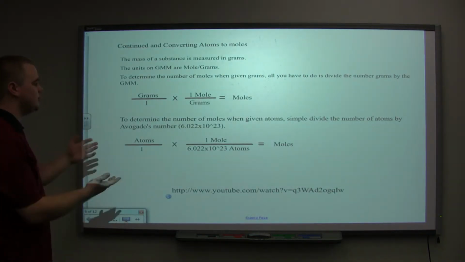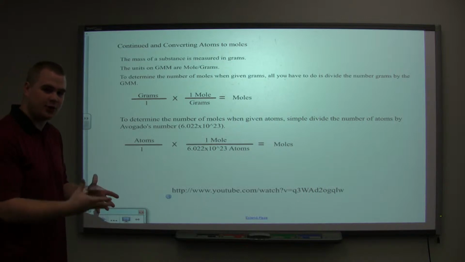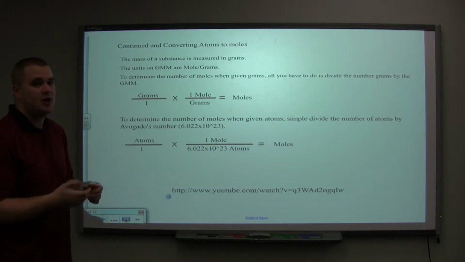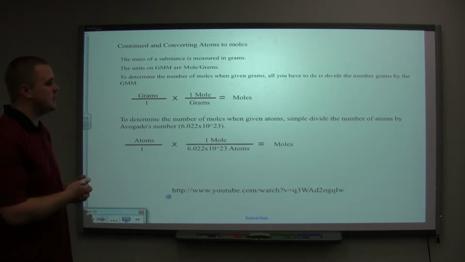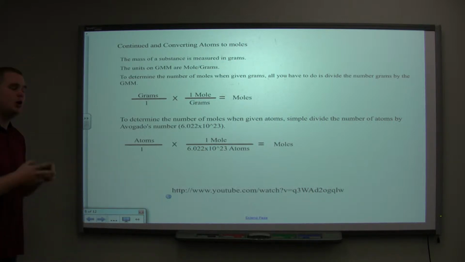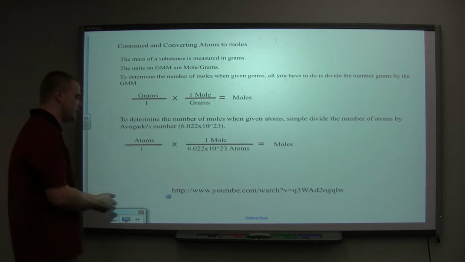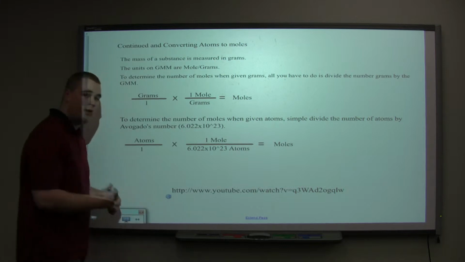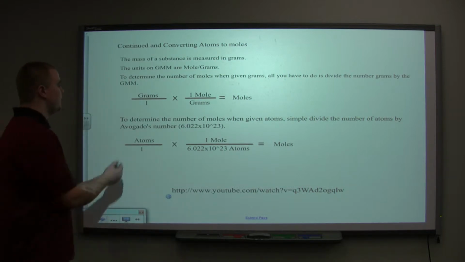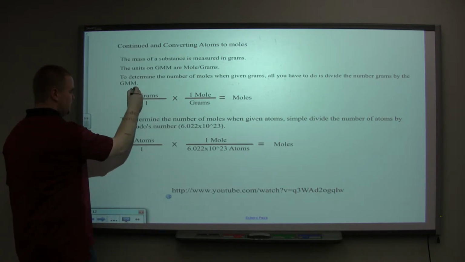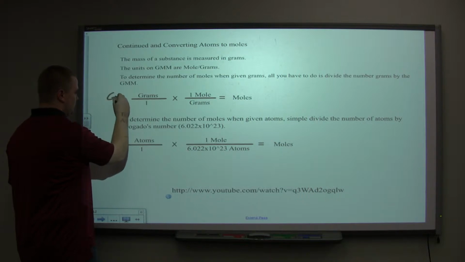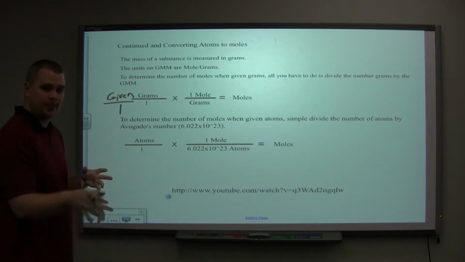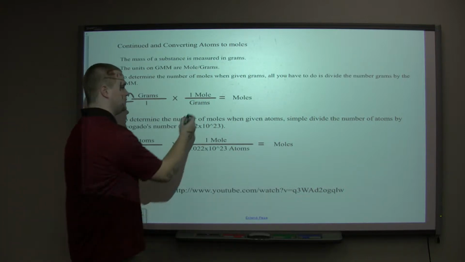Next, we're going to show where your gram molar mass, that you just found using your periodic table to add all the atomic masses together, goes. Well, what you're going to do is set up what you're given, all over 1, okay? Well, what do you want? You want moles.